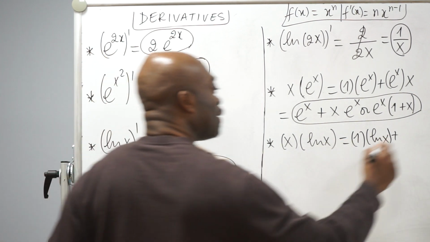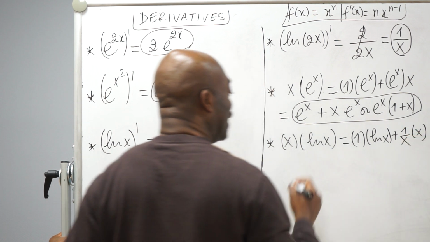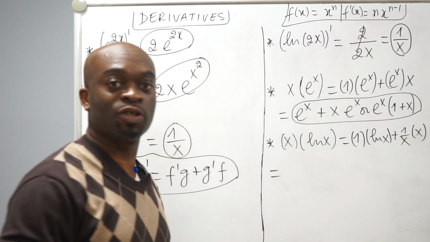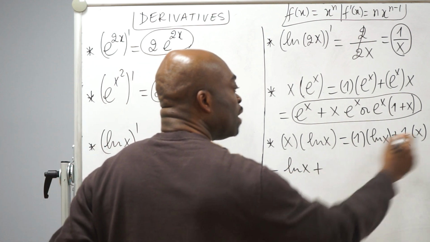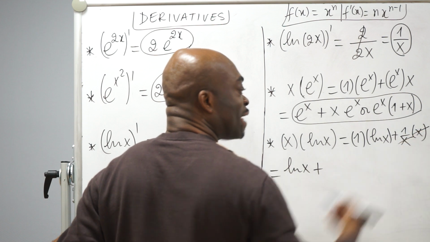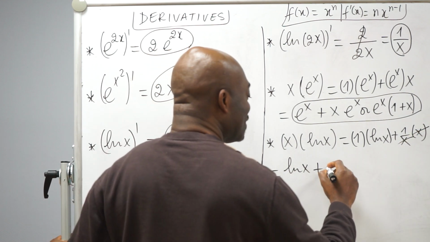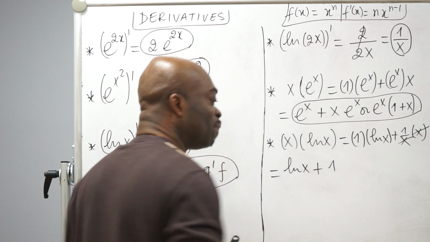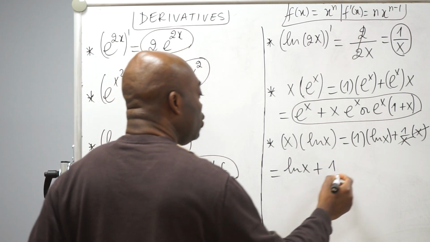It's 1 over x times x, all right? So 1 times ln of x is ln of x, plus what's going to happen here? 1 over x times x. You can cross out the x and the x. You can do that, okay? And then this is ln of x plus 1. Anything else? No, you are finished.